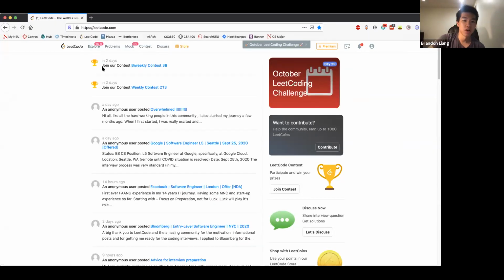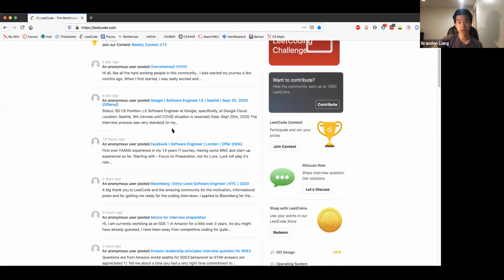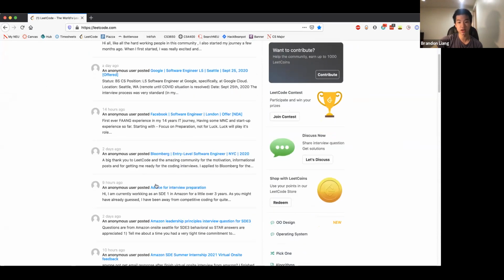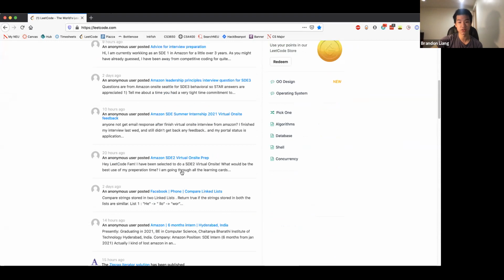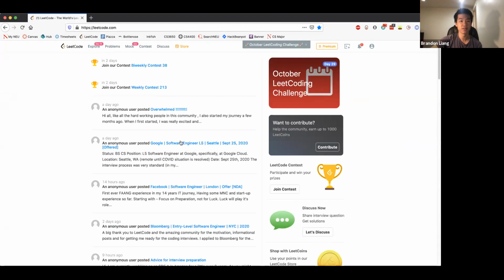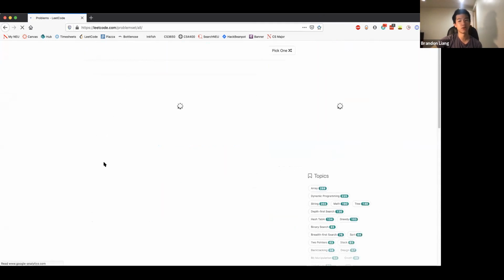Okay, so this is what LeetCode looks like. As you can see on the front page, there's banners telling you which contests are coming up if you're interested in that. And there are also posts that detail compensation offers and interview experiences that some of you might find intriguing. The important part of this website, however, is the problem category.